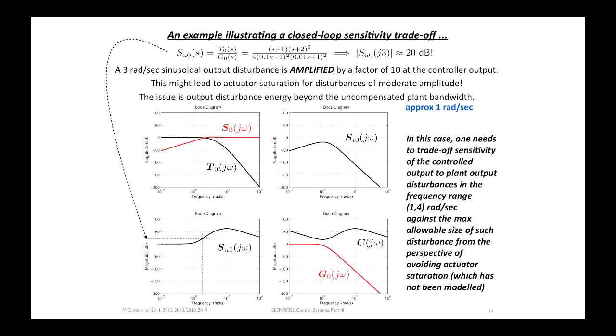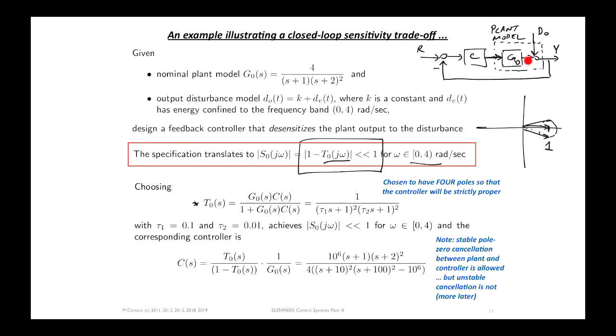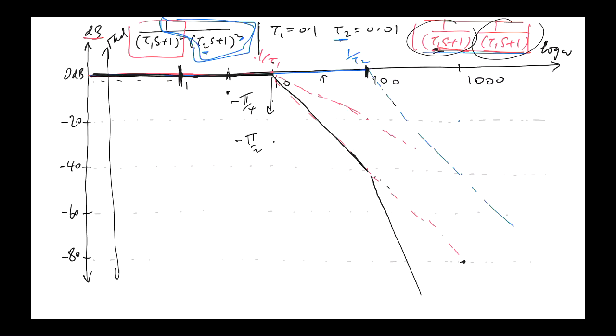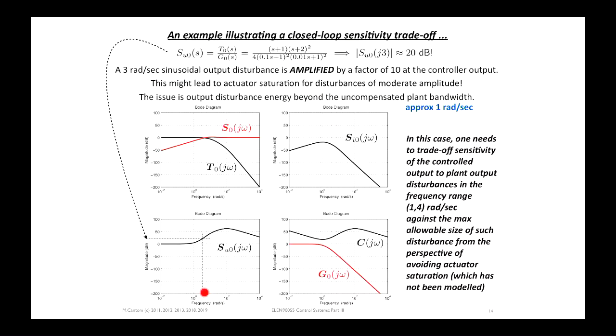This is showing the transfer function that tells us how sensitive the control signal, the output of the controller, the input to the plant in this case, is to the output disturbance. And you can see here that you end up amplifying the plant output disturbance in terms of its effect on this signal, for signals above, say, 3 radians per second.